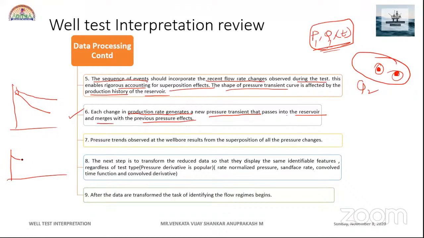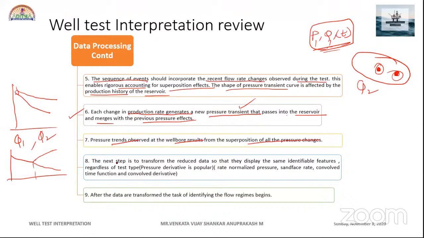Suppose you are producing at a certain rate up to this point, and after that it is further changed. Either it may be increased, or if it is shut in, the pressure will increase. If it is continuously producing but the rates are not the same, it was changed from Q1 to Q2. For each of these, we will have a pressure transient. So the pressure trends observed at the wellbore result from the superposition of all pressures.